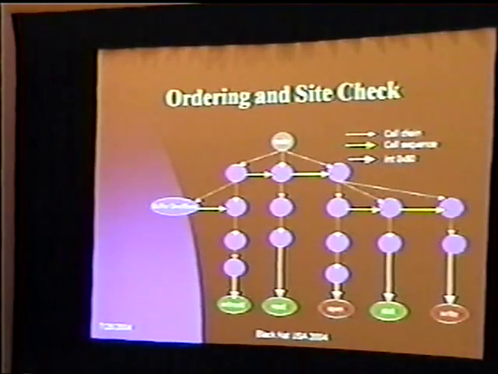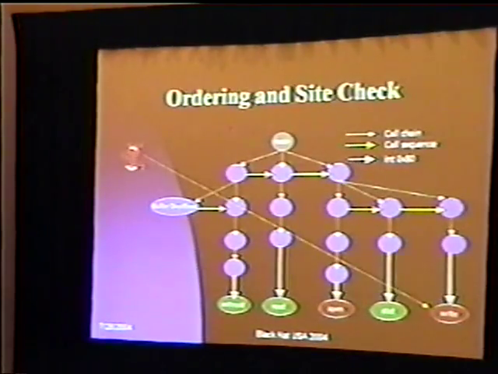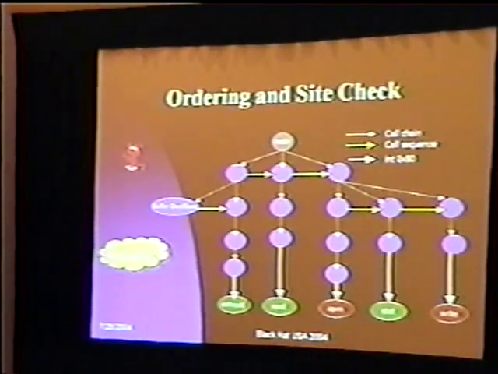Now, if you do ordering and site checks, then the attacker, again, once he gets control, has to issue the set UID and the other system calls in the same place as they happen in the original program, because we are checking not only the order but also the site.